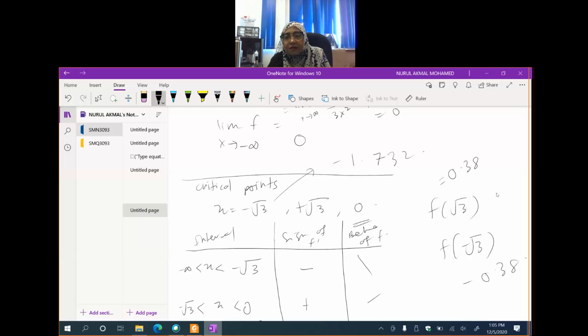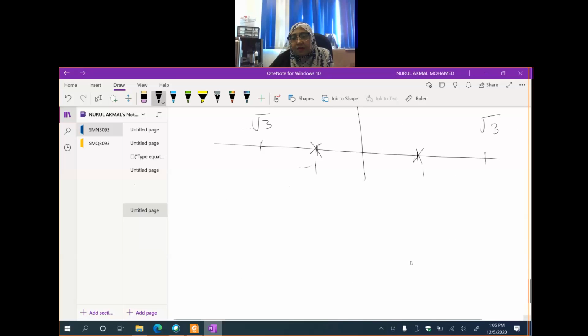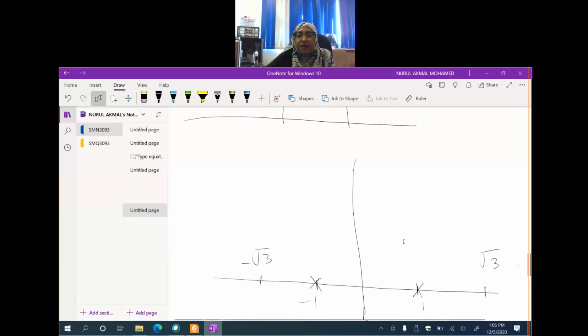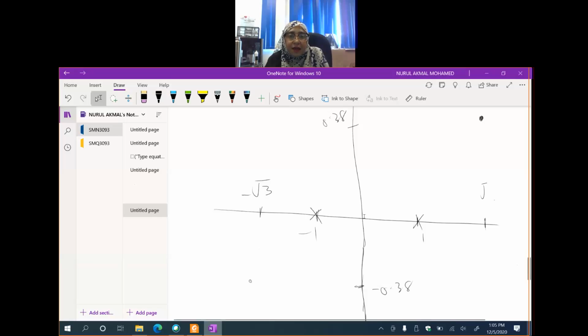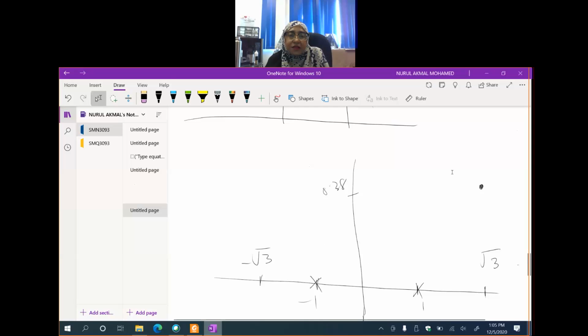So this one is negative 0.38, and here we have 0.38. Okay, so for this one the plot is over here, and for negative square root of 3 it is over here. Let's cross this point.